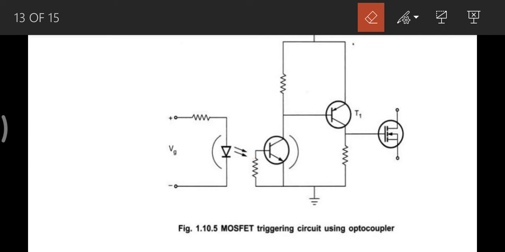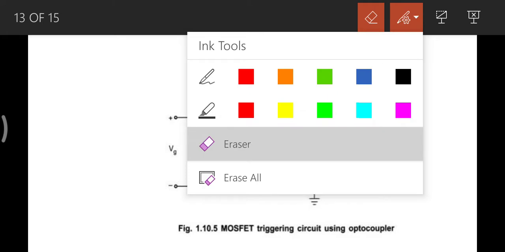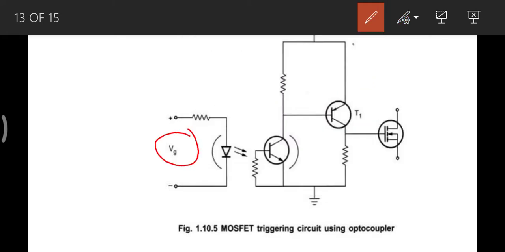See here, first of all we are applying VG. Because of this applied voltage VG, this LED starts to produce infrared rays that fall on the photo transistor.